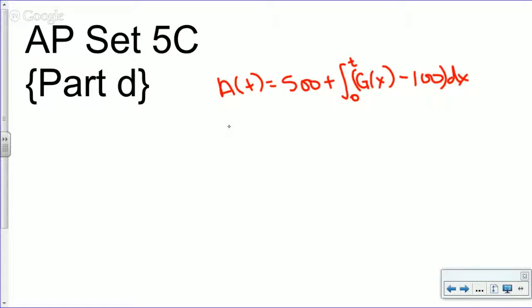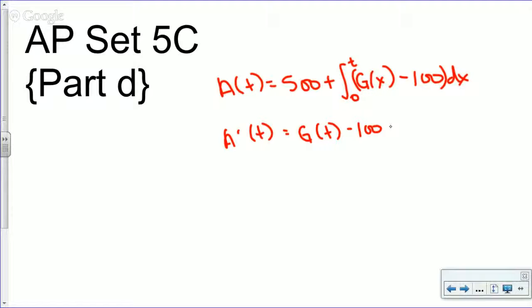And then I create a table. So A prime of t, well, the derivative of 500 is 0. And then the derivative of an integral, here's where that second fundamental theorem of calculus comes in, is simply g of t minus 100, just replacing this x with this variable here.